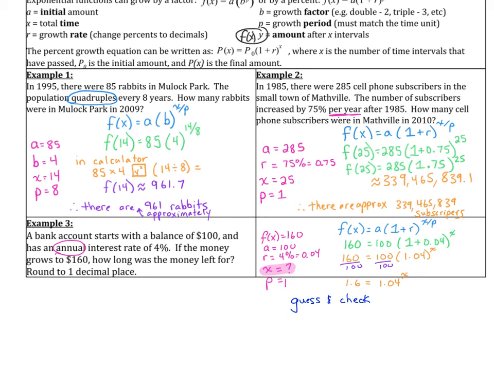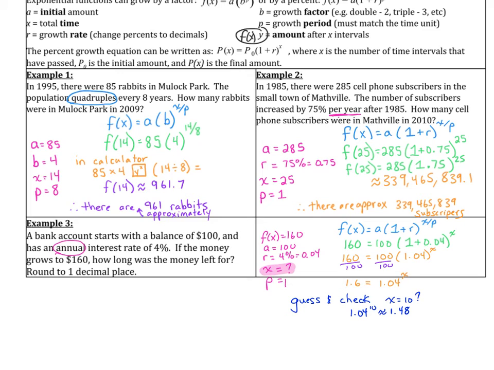So pick a value like 10 and try it. 1.04 to the exponent 10 is approximately equal to 1.48.